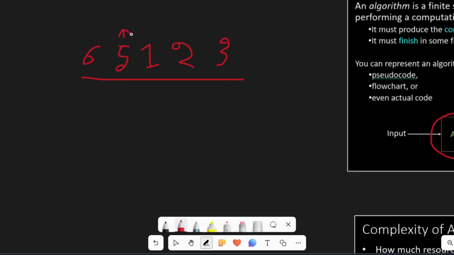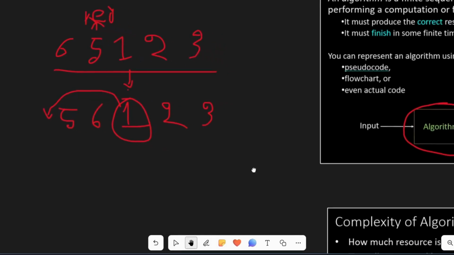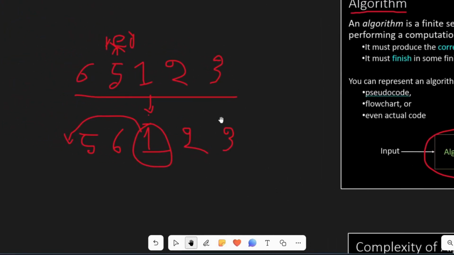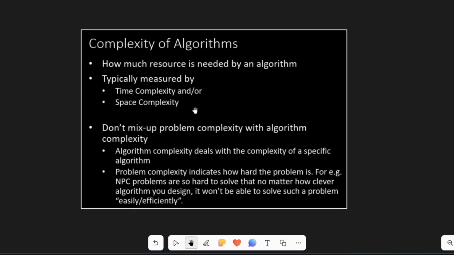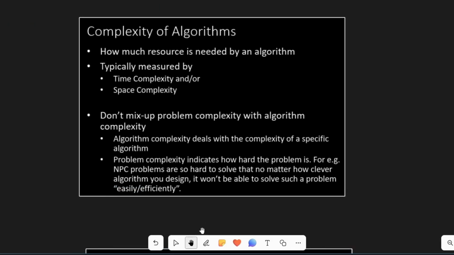You can take it as a key 5, then check with this one, then it will be 5 6 1 2 3, then key will be this one, so one will come here. So this is one of the algorithms to sort this array. So this is algorithm, very basic and important thing.